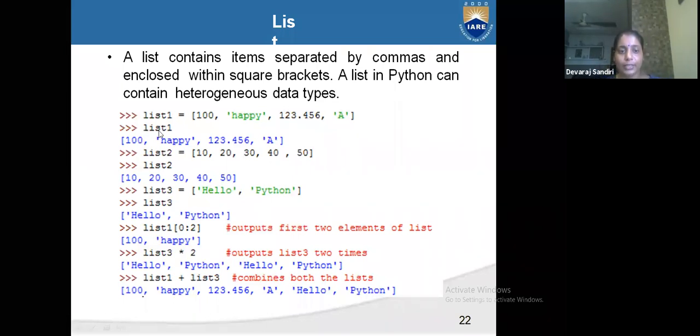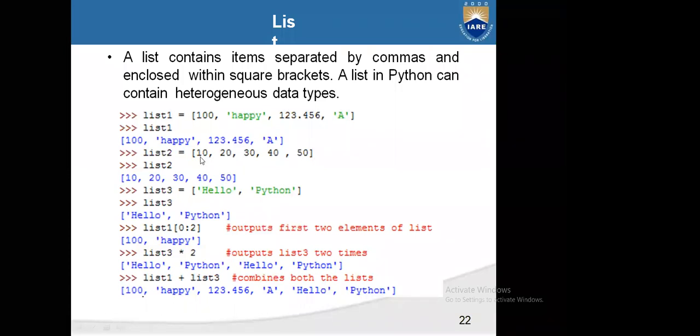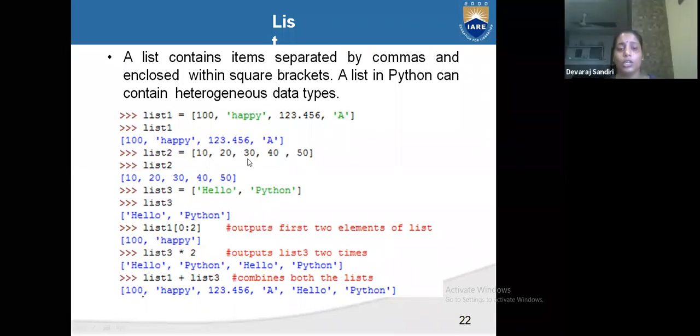Here we write list 1, and it displays the list as output. In list 2, all are numbers, and they need not be unique: 10, 20, 30, 40, 50, all integers, displayed as the output. List 3 has hello and Python, two strings of the same data type.